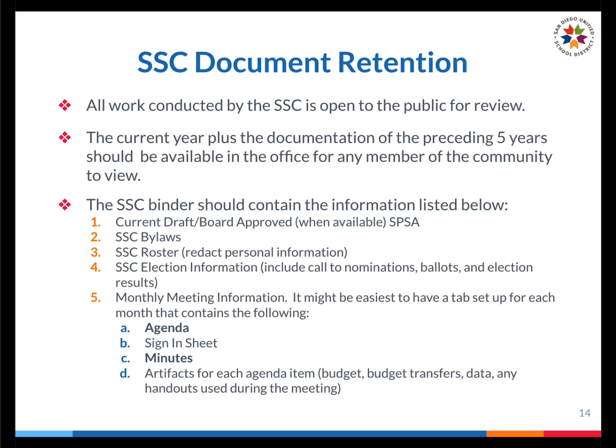And then fifth, monthly meeting information that includes agendas, sign-in sheets, minutes, and any artifacts for each agenda item, which include budget overviews, budget transfers, data, and any handouts used during the meeting. Please make sure to keep both an agenda and SSC minutes for each meeting.